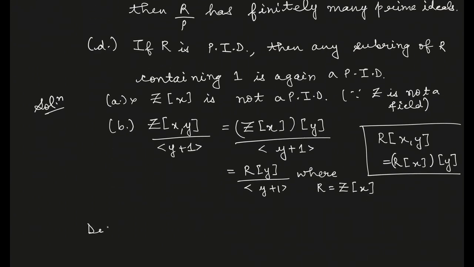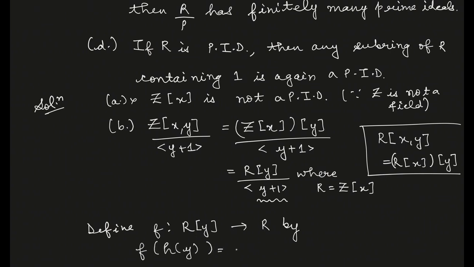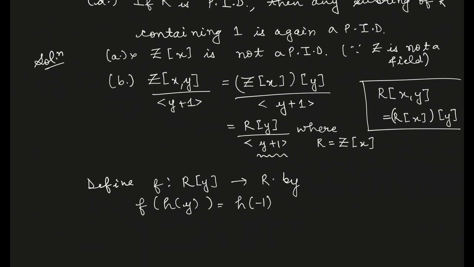So I am defining a mapping f from R[y] to R, sending h(y) to h(-1), because the root of this ideal is -1.